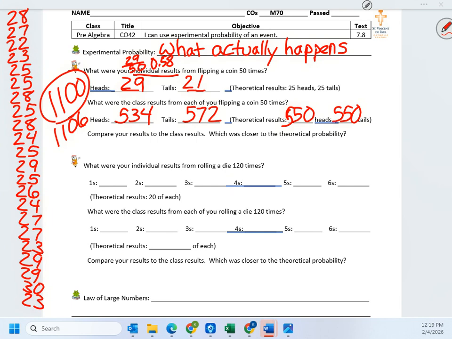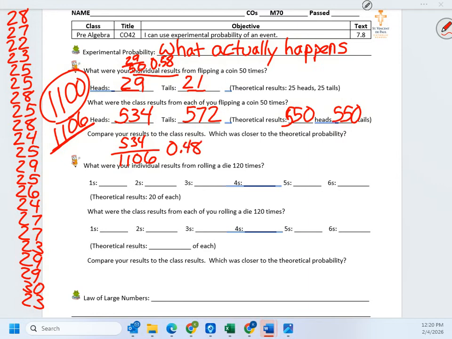How do we figure it out with the whole class? So that would be 534 over, let's go with what we actually had, 1,106. What's 534 divided by 1,106? Colin? 0.48.